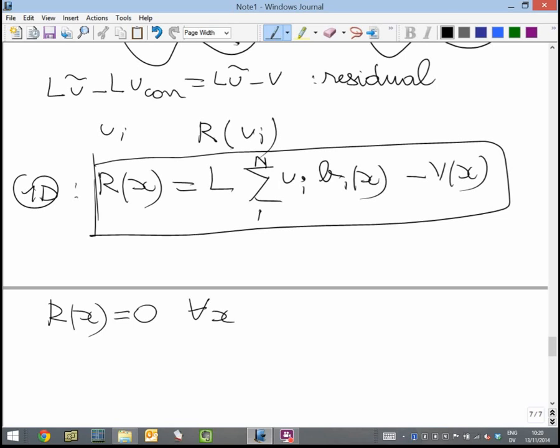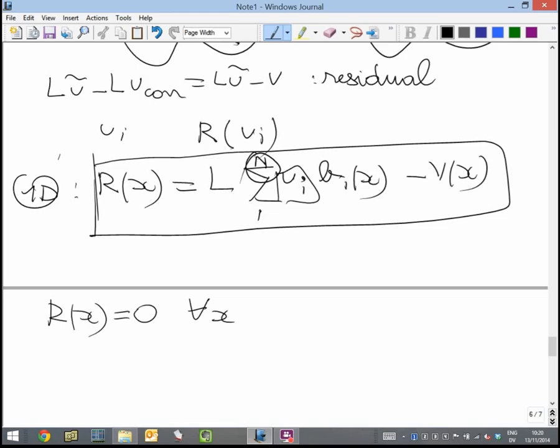Will you be able to achieve this nirvana of a residual equal to 0 for all possible values of x? No, in practice that will not be possible because you restrict yourself to a finite sum here. If you had an infinite sum of basis functions, in the limit you would be able to approach that ideal solution. But that would be asking a bit too much. So asking that R of x is equal to 0 for all possible values of x if you have only n degrees of freedom.